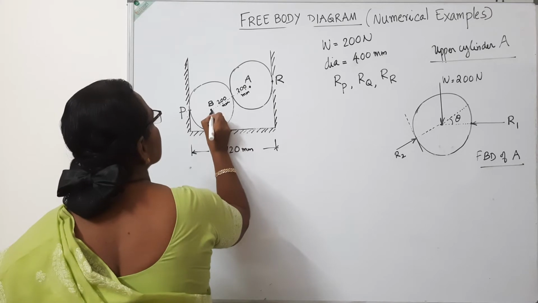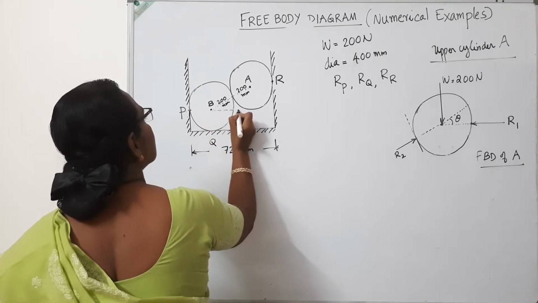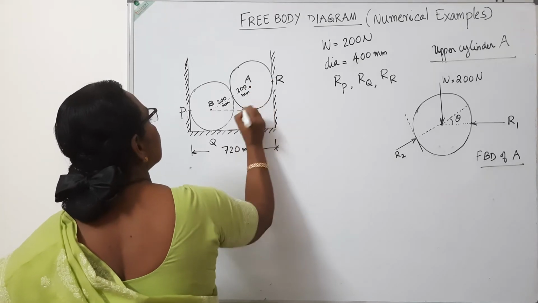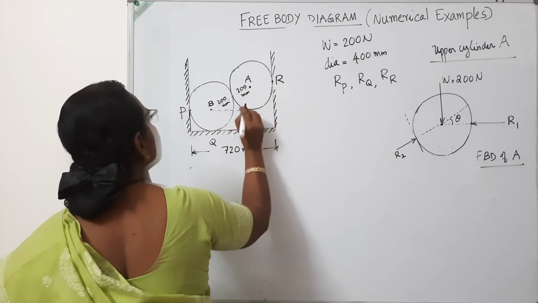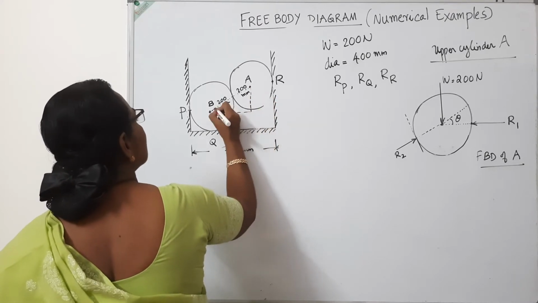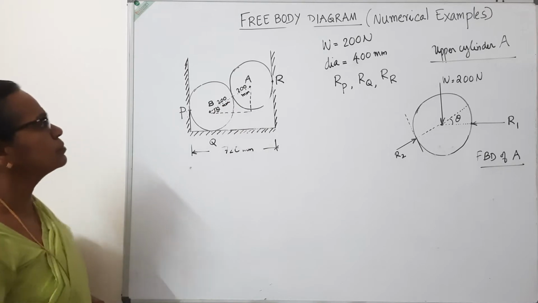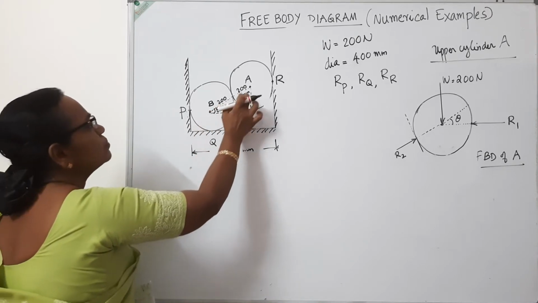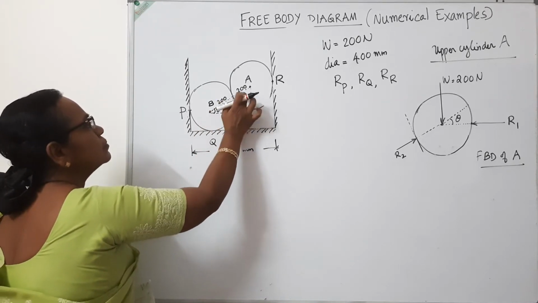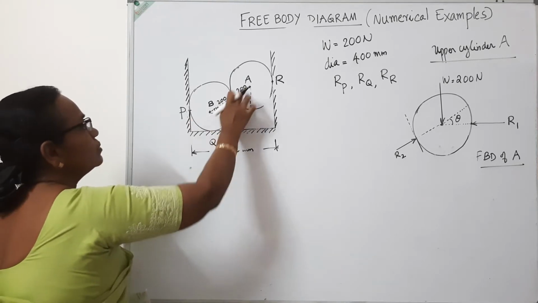So if from here I draw a horizontal line, and if I draw a perpendicular from here, and from A if I draw a perpendicular like this, I want this angle theta. How to get this angle theta? Please check. How will you get that angle theta?